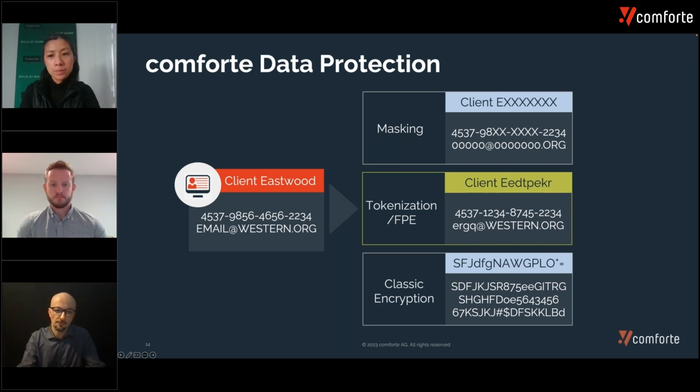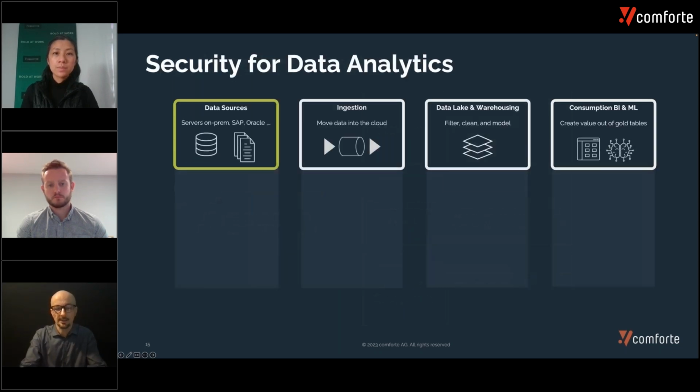And as I mentioned, tokenization and format preserving encryption not just protect the data, but also keep it usable, because tokens keep the same format as the original data, as you can see here, and you can still process them without the need to deprotect or modify your application or database. So this is not just relevant for security, because you do not need to deprotect, but also means less implementation effort.